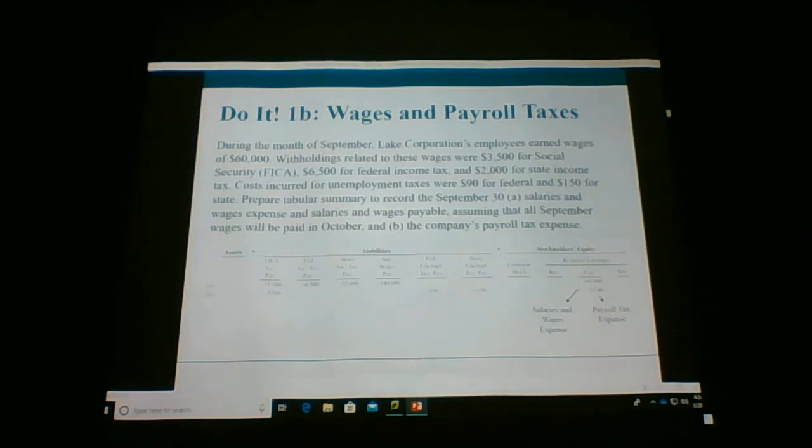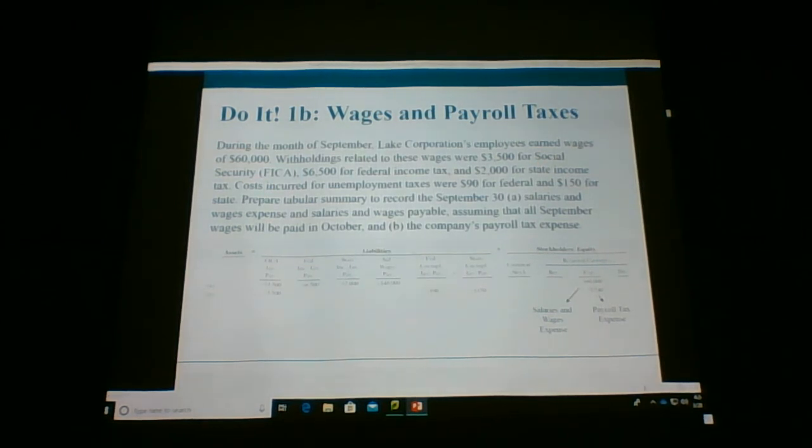Okay, so our payroll expense is $60,000. An expense is not a liability. Okay, but our initial liability was $60,000 in total, not accounting for the employer only portion of the tax. All right. So $60,000. Withholdings related to these wages were $3,500 for Social Security.